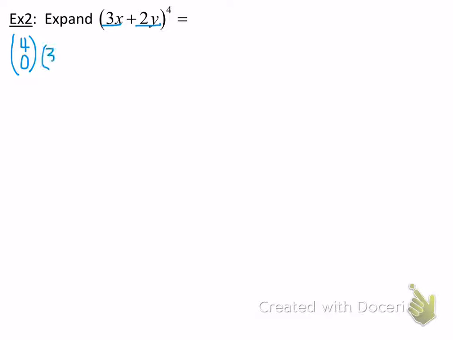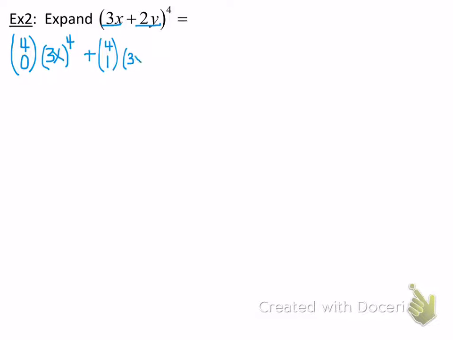So I have 3x to the 4th power. I have b, which is 2y to the 0, so I don't need to write it, plus 4 choosing 1.